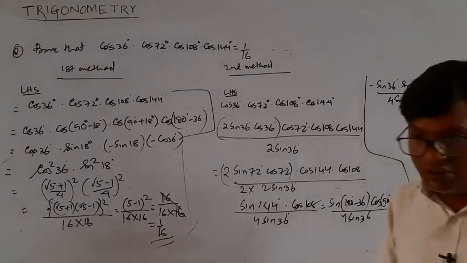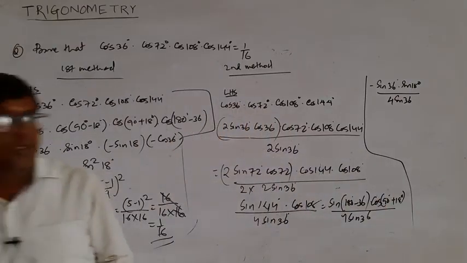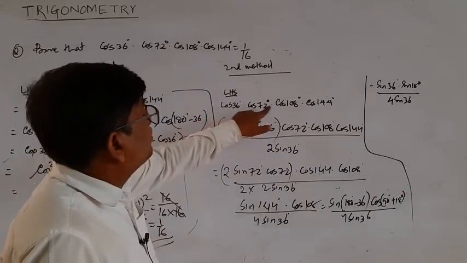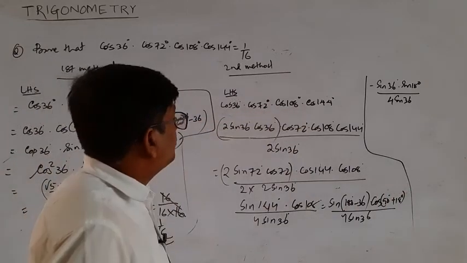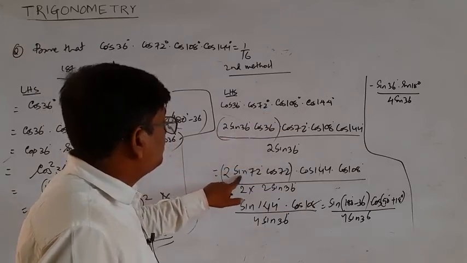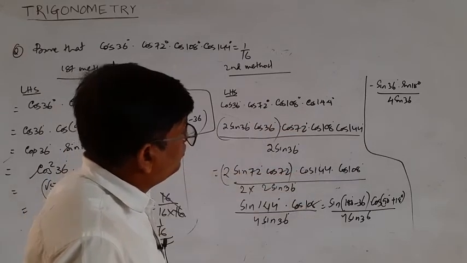Recheck this, or write this carefully. So first cos 36, cos 72, cos 108, cos 144. So into sin 36 by sin 36. So this is sin 72, cos 72, cos 144 and cos 108.